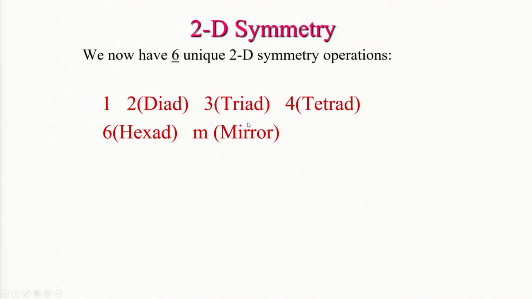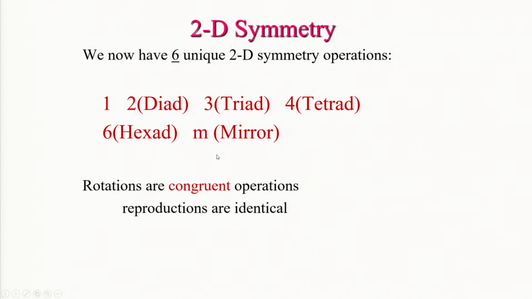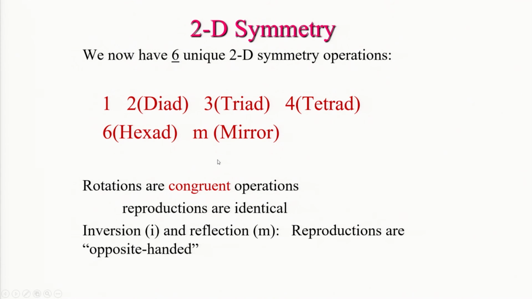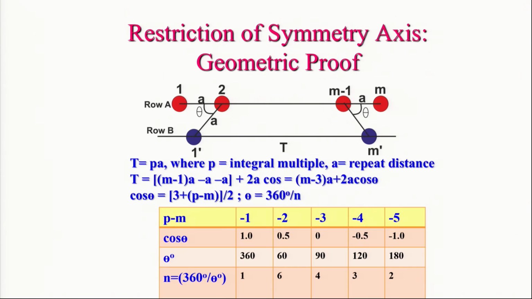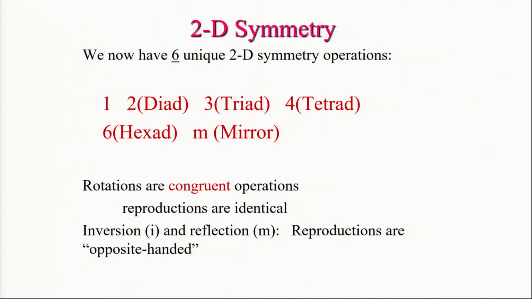So, this produces 2-dimensional motifs here, and that is why these are 2D symmetry operations. Rotations are also called congruent operations because reproductions are identical, whereas in inversion and reflection, the reproductions are opposite handed. Right hand becomes left hand and left hand becomes right hand here. Okay.